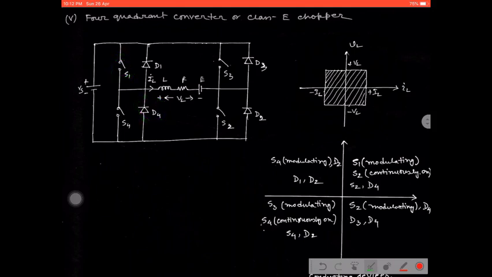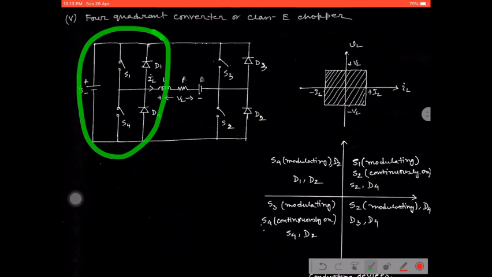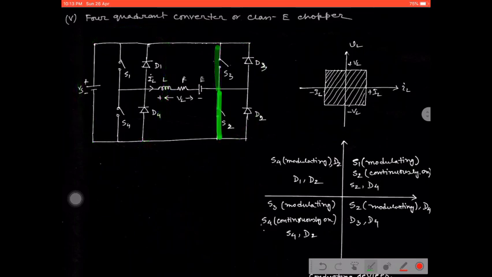S1 is modulating and D4 is in the conducting state, because D4 is applicable for the discharging path of the inductor. In all the cases, D was applicable for the discharging path. As we are using the total circuit as a complete circuit, when this part tries to operate, the other part has to be short circuited.